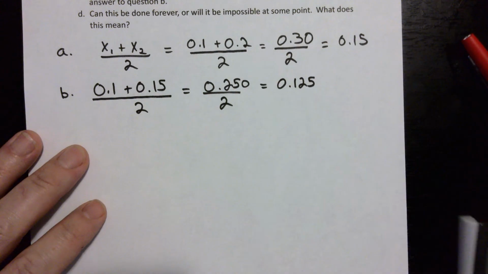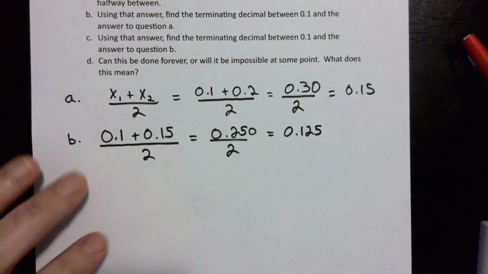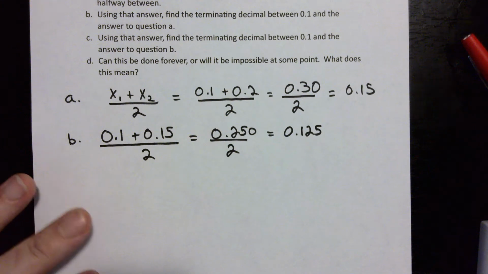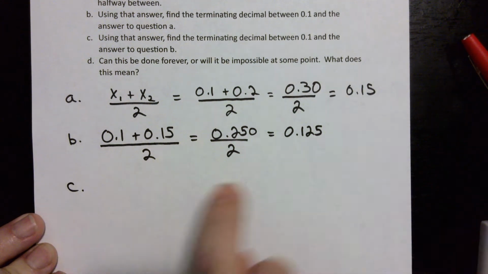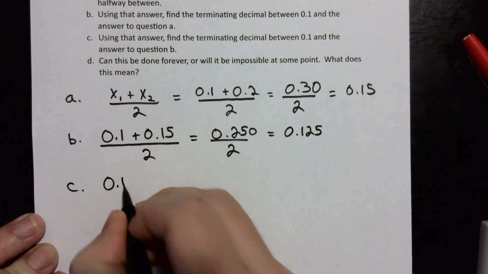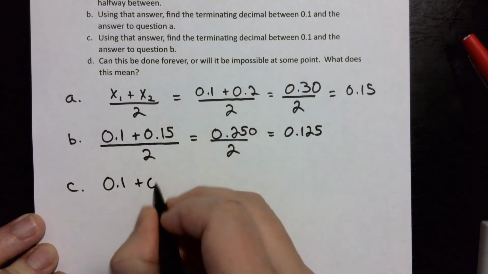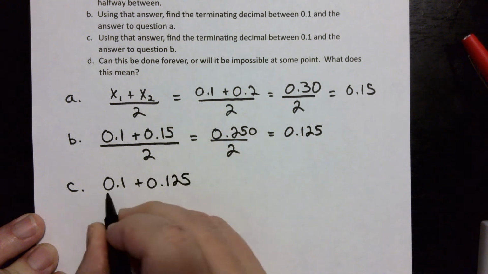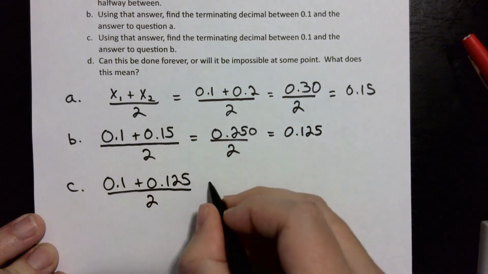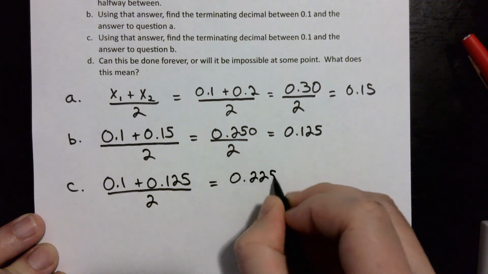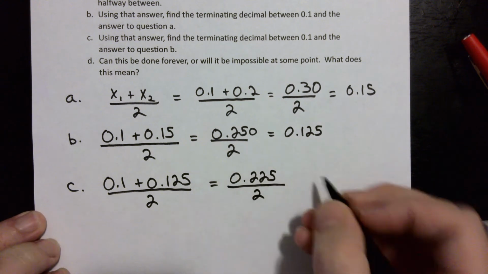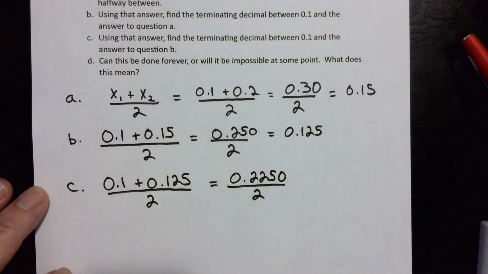Letter C says using that answer, find the terminating decimal between 0.1 and the answer to question B. So we're doing it again. We take 0.1 and we add it to 0.125, divide that by 2. So that will be equal to 0.225 divided by 2. Put a 0 on the end, that will make that easier.